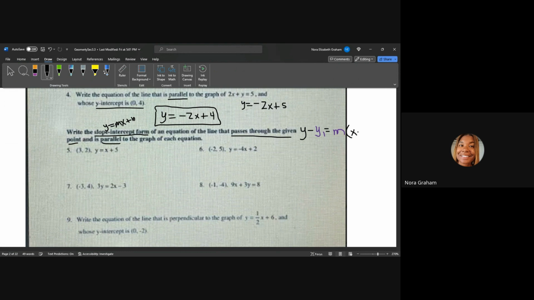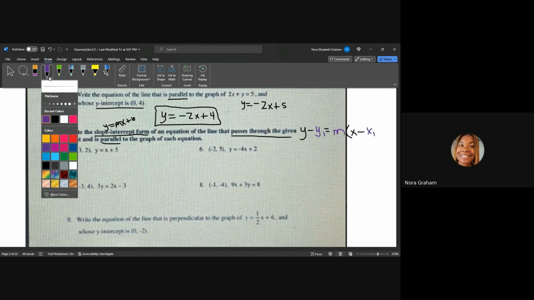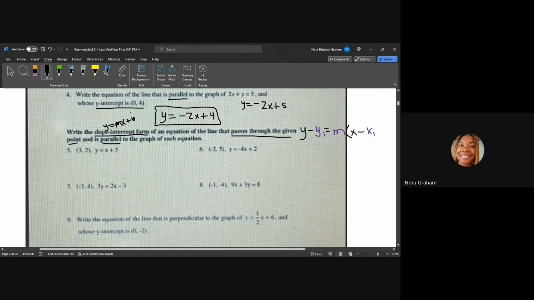Notice those minuses are black, so those minuses are part of our formula, and we have to account for that. And we have x sub 1. So that's going to be our point slope formula that we're going to use to find the lines that pass through our point and are parallel, so the same slope as the lines given.